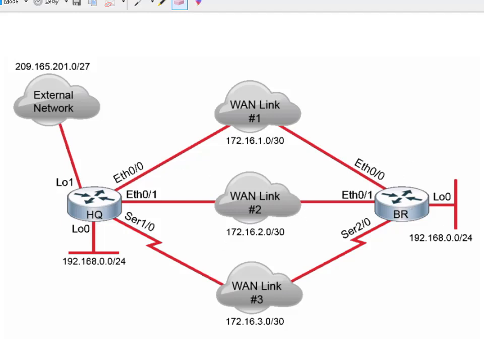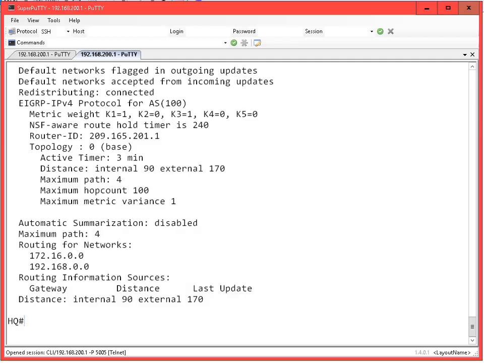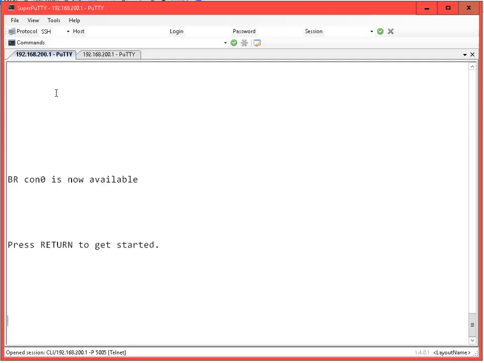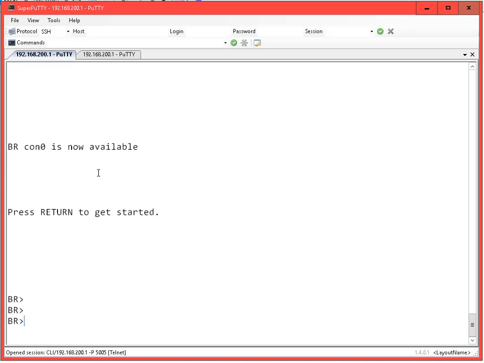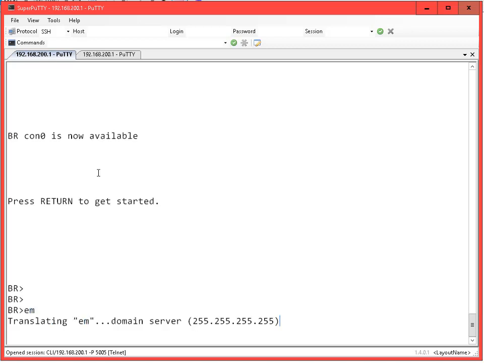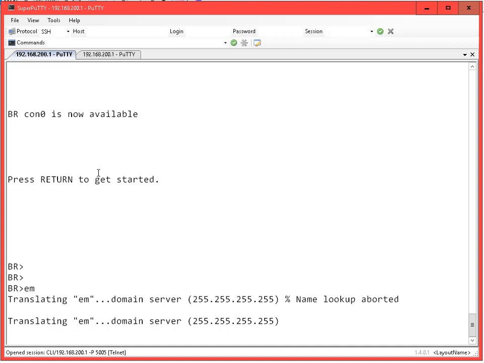So everything looks good on our HQ router. Let's go ahead and check our branch router and see if we have any configurations enabled on our branch router. Oops.